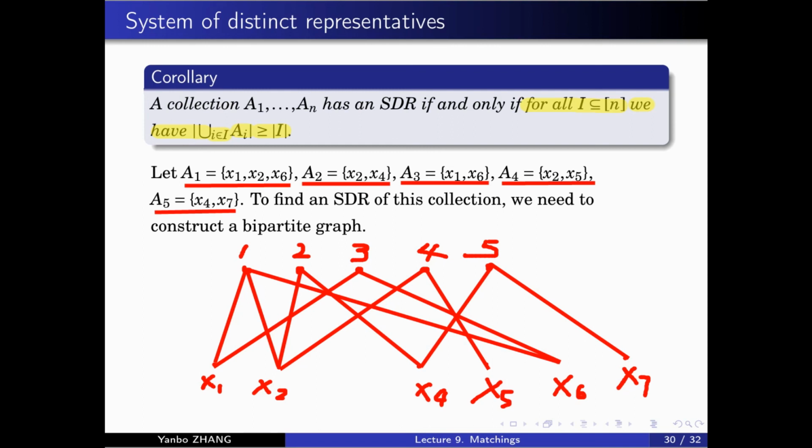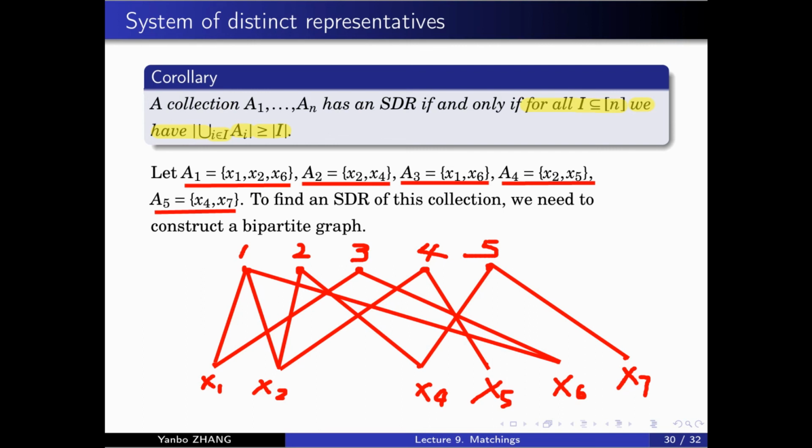So this is a bipartite graph with one part having elements 1, 2, 3, 4, 5. The other part is the union of the elements x1, x2, x4, x5, x6, x7. To find an SDR is to find 5 distinct elements, and each element represents a set Ai.